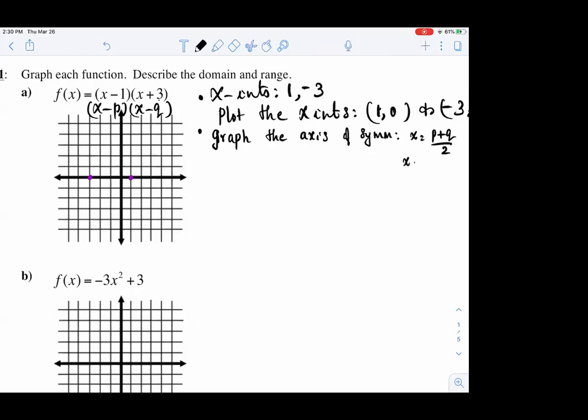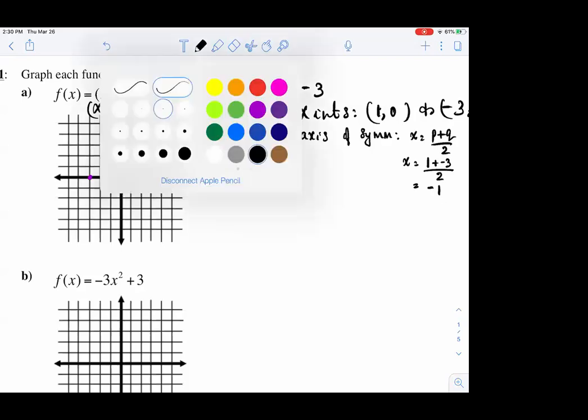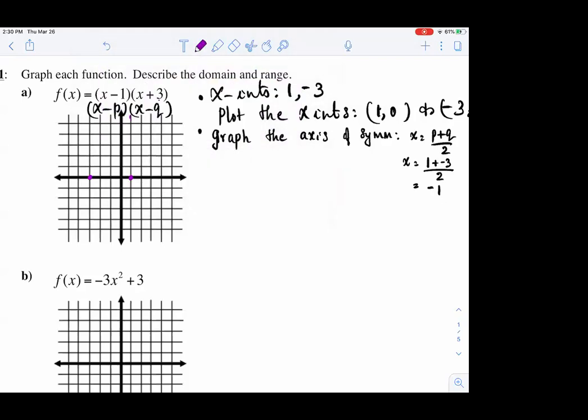So we have x is equal to, our p is 1, our q is -3, and you get -1. And we're going to use a dashed line for the axis of symmetry. I want you guys to graph it. That's our axis of symmetry, x equals -1.